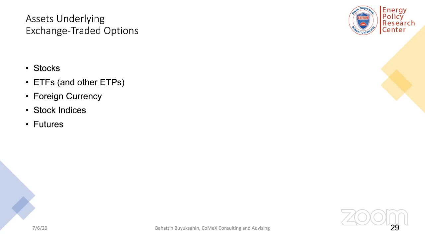For example, Chicago Board Options Exchange trades many exchange-traded products, ETPs. ETPs are listed on an exchange and traded like a share of the company stock.